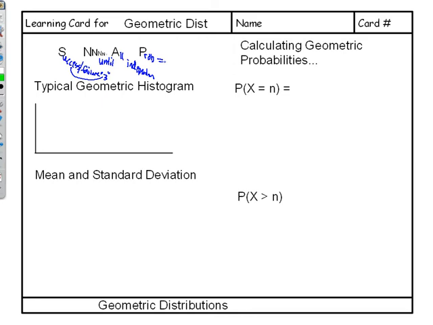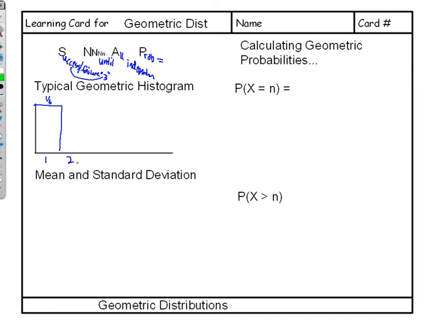The typical geometric histogram looks like this. If I roll the die, 1 out of 6 comes out to whatever the height of this is, but that's if it happens on the first time.